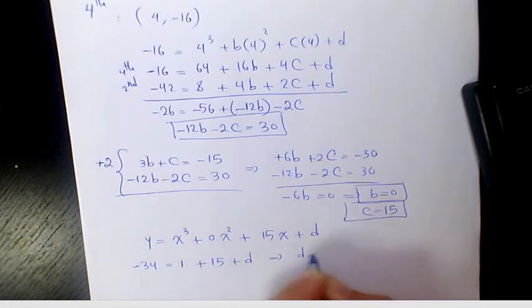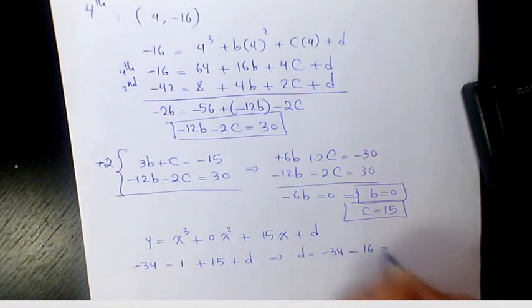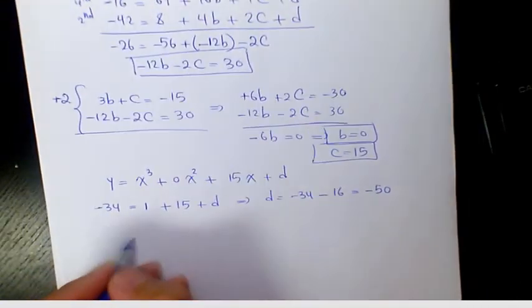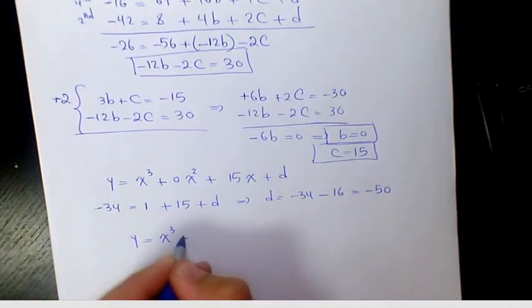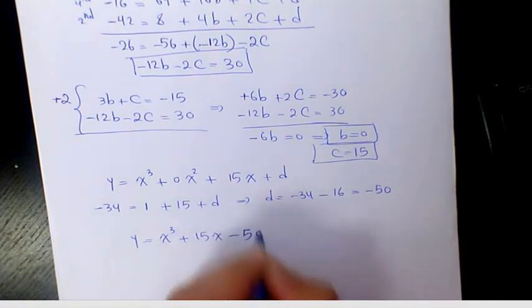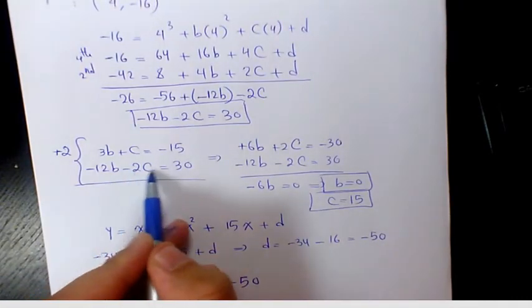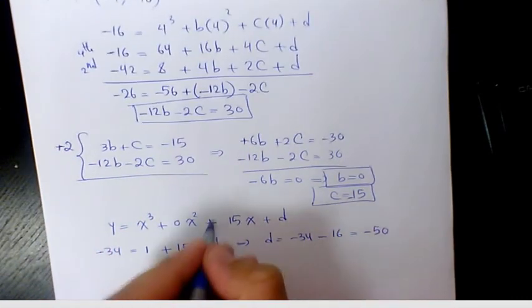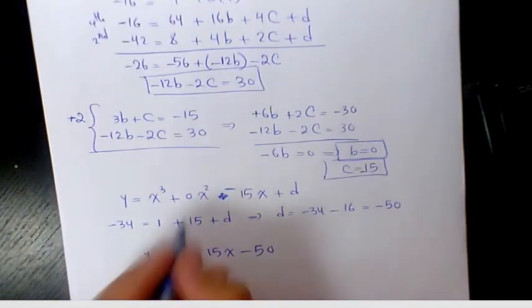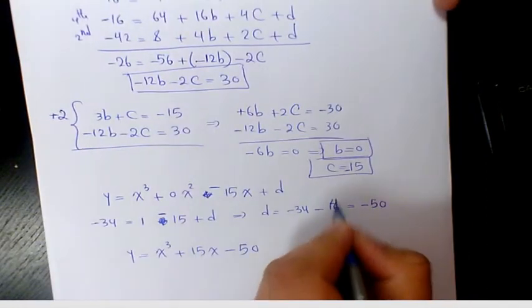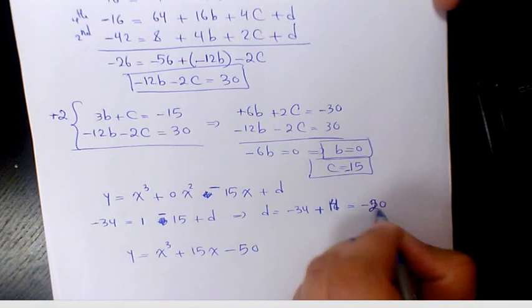So d will be negative 34 plus 14, which is going to be negative 20.